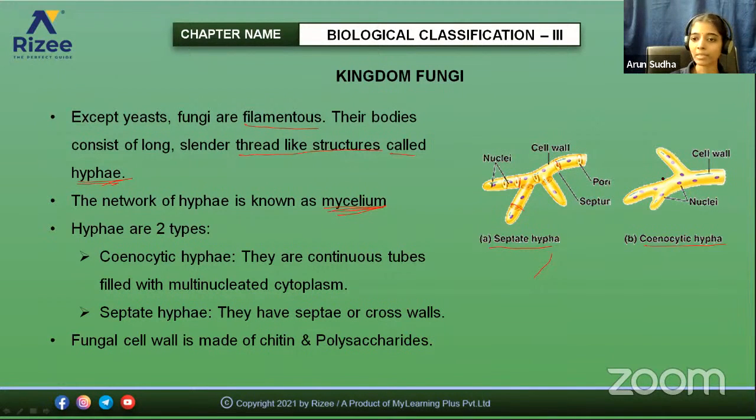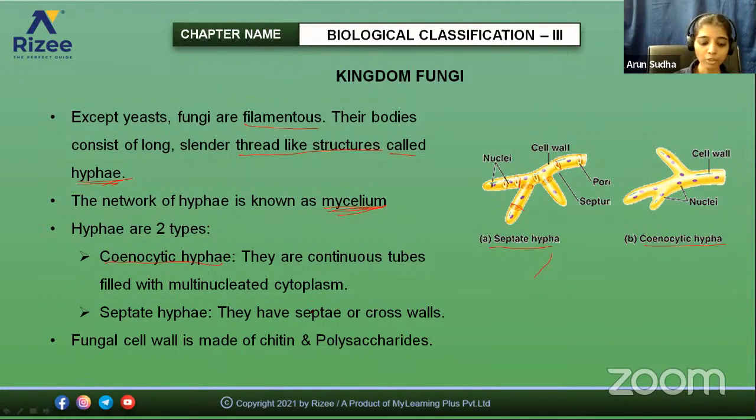Many nuclei are present in the same cytoplasm, whereas in the septate hypha the septum separates the nuclei, so each compartment has only one nucleus. It is one of the most important questions: what is a cenocytic hypha? Is it clear? There are two types of hyphae: the septate hyphae and the cenocytic hyphae.